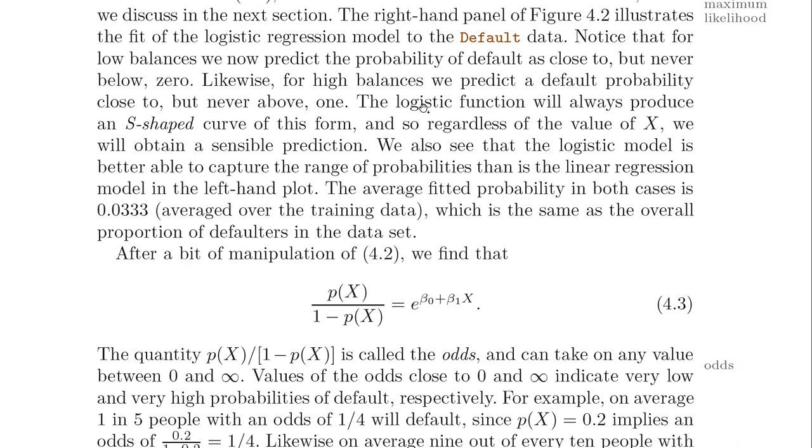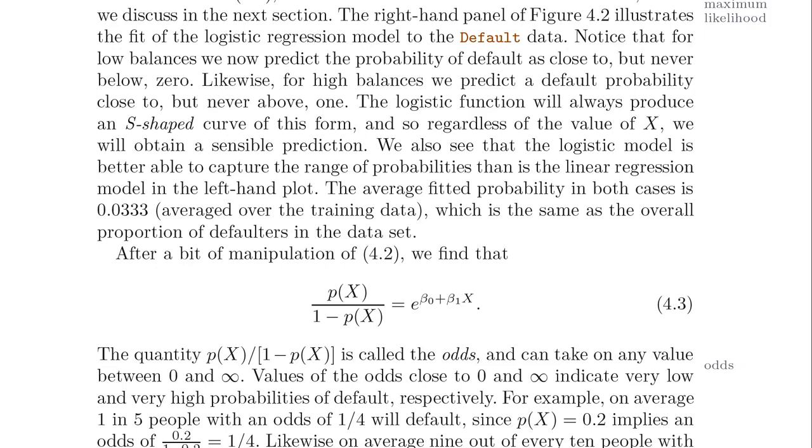So the right-hand panel is what we were looking at earlier, and in Desmos as well, and it illustrates the fit of the logistic regression model to the default data. Notice that for low balances, we now predict the probability of default as close to, but never below, 0. Likewise, for high balances, we predict a default probability close to, but never above, 1.